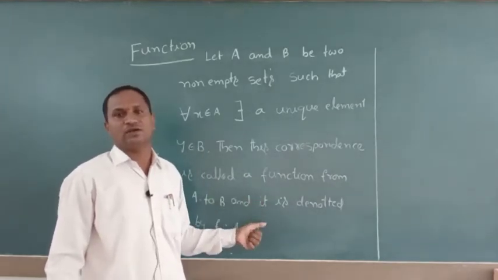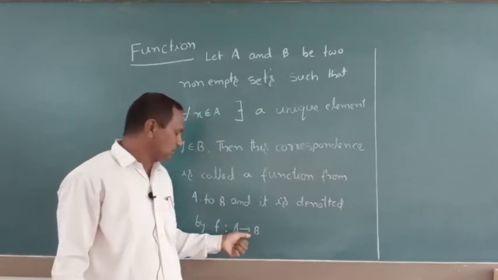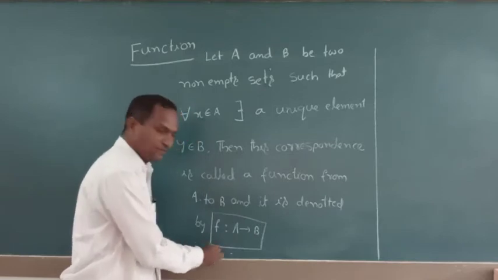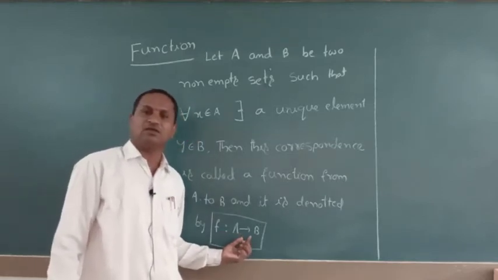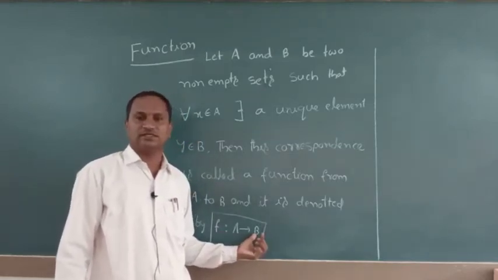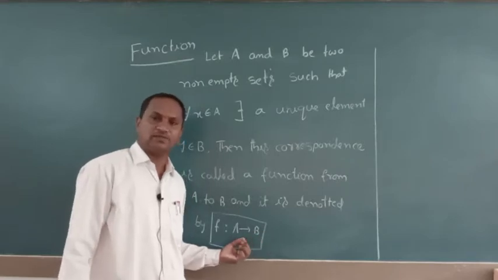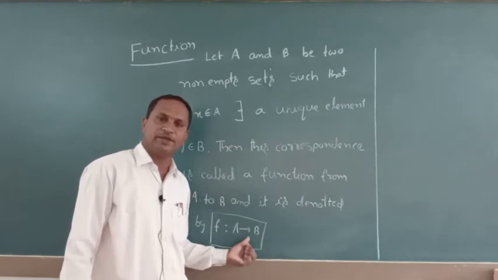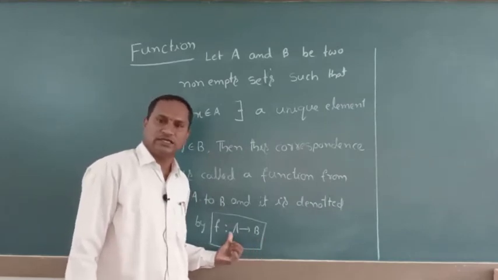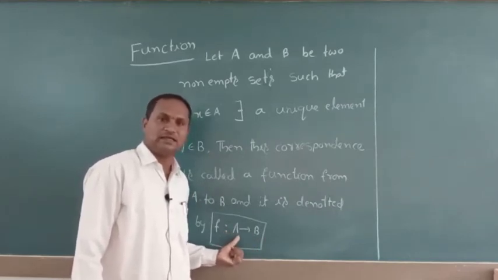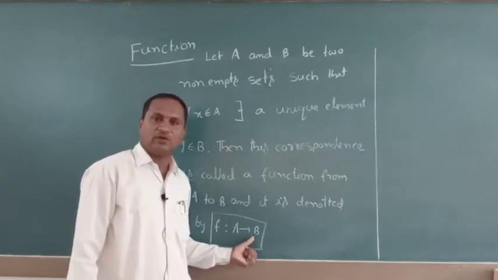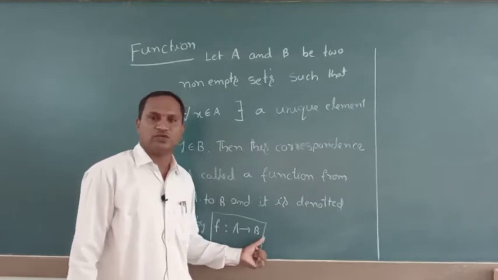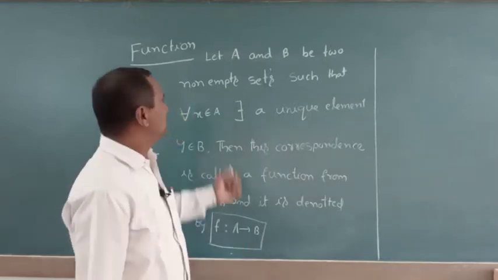Function is also called mapping. That's why we call this F maps from A to B. For example, F maps from B to C. F, two dots, capital A, arrow mark, B can be read as F maps from A to B. Now, different types of functions.